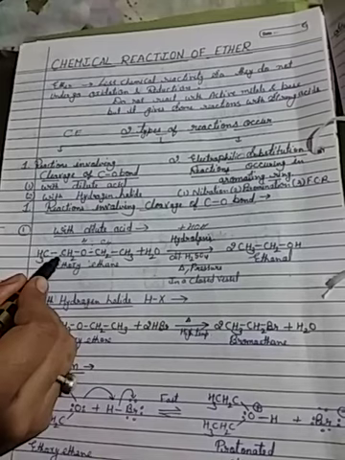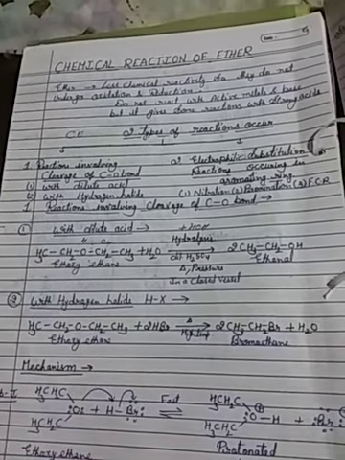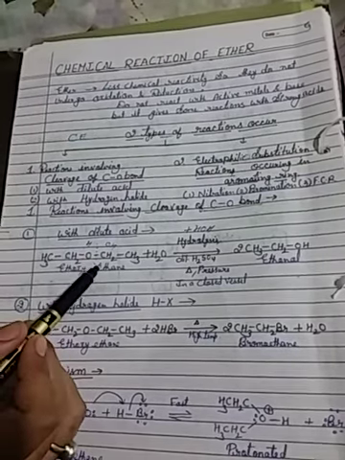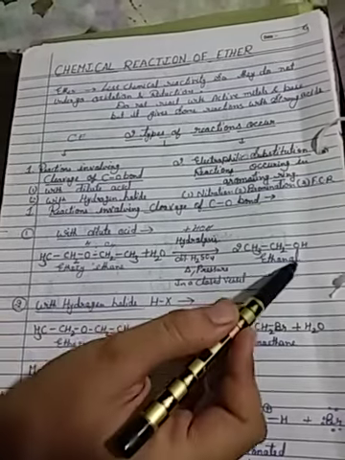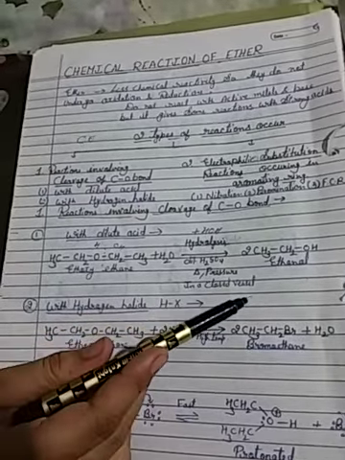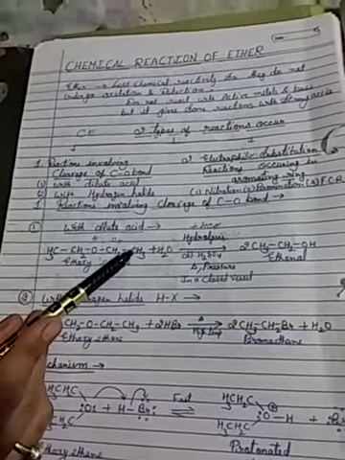So CH3CH2OH on one side and CH3CH2OH on the other. Two molecules of ethanol are formed, but this reaction is completed in a closed vessel. So I will explain the first reaction again.